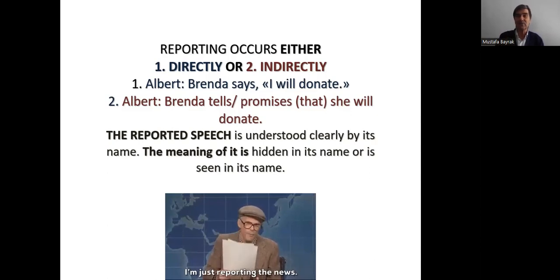We will see them one by one. The meaning of it is seen in its name. It's a matter of reporting and being reported. What does Robert say here, for example? Robert says, I am just reporting the news.